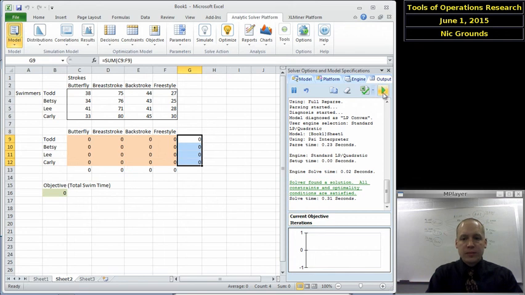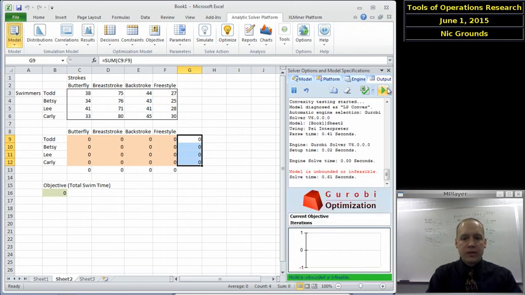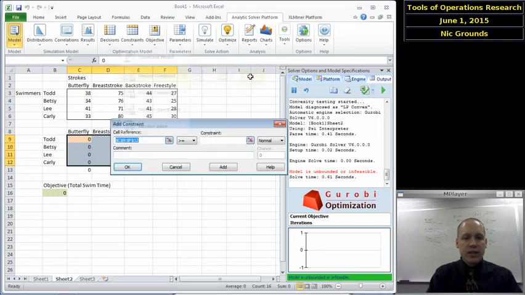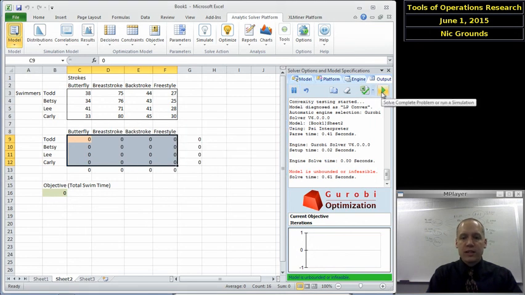Okay, execute that model. Oh, unbounded, because again we need to constrain and let the solver know that each assignment cannot be unassigned. That is, we can't assign somebody to negative amounts of a stroke to swim.